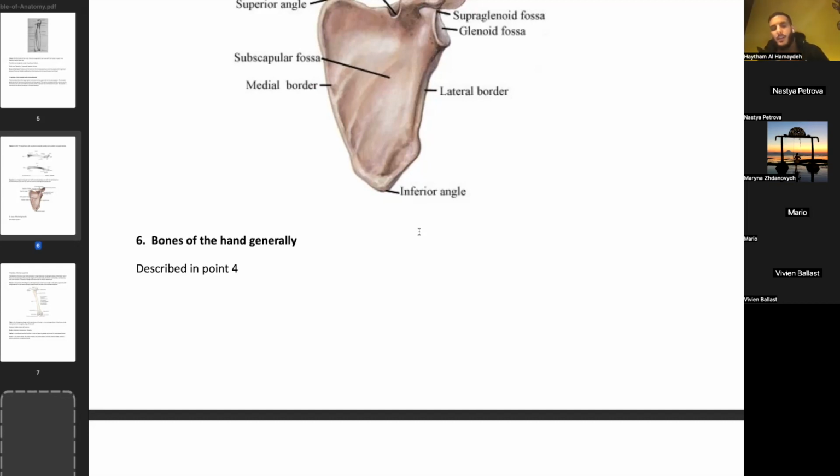It's a ring-like bony structure located in the lower part of the trunk.